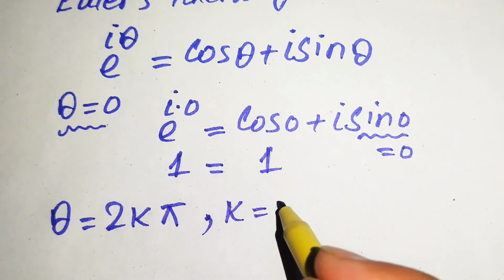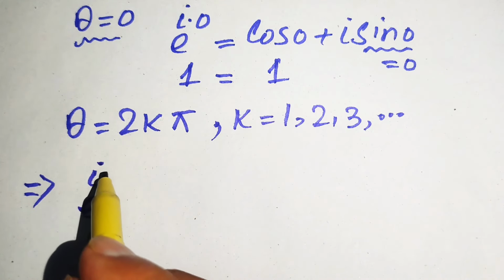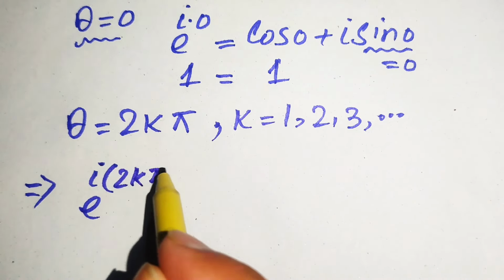Now we substitute this value of theta in this equation, and we get e to the power of iota into 2k pi equals cos of 2k pi plus iota sine of 2k pi.